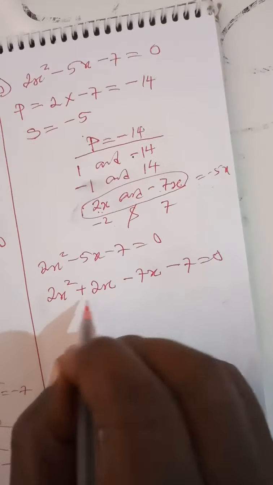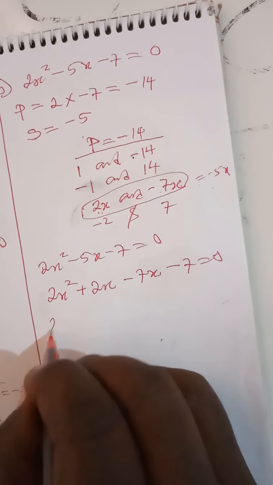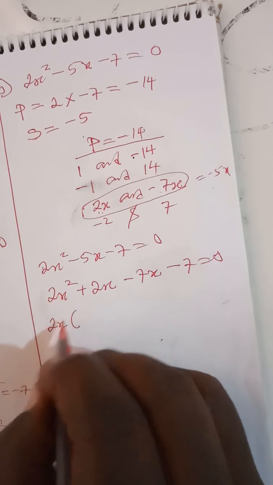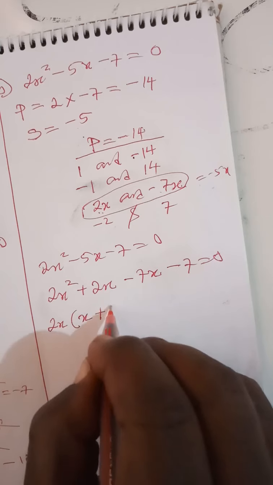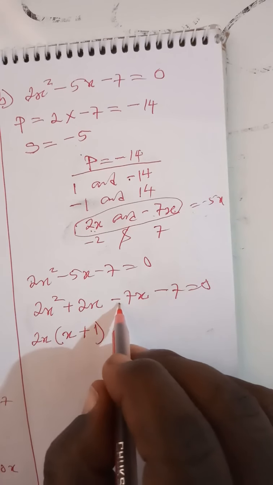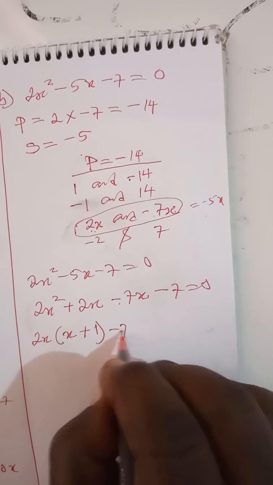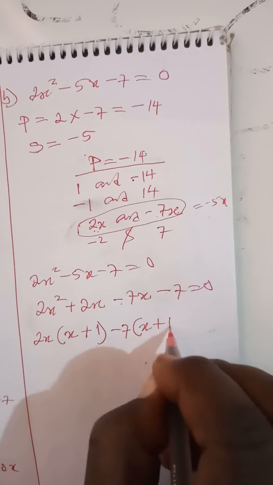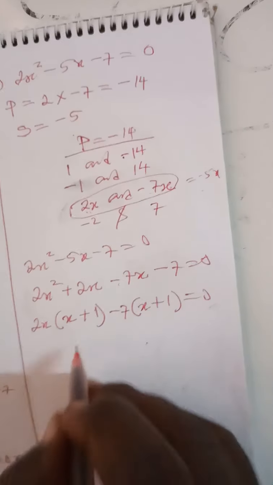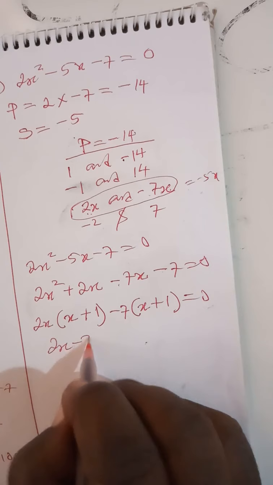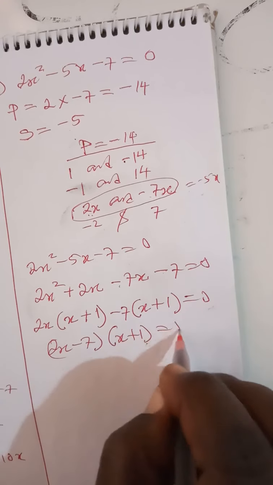Okay, so we have to factor out 2x here because 2x is the HCF. 2x into 2x squared is just x. Plus 2x into 2x is 1. Remember again there is a negative here, so the sign here is going to change. I'm going to pull out 7. Minus 7 into x plus 1 because 7 goes in 7 one time is equal to 0. So we have 2x minus 7 bracket x plus 1 is equal to 0.